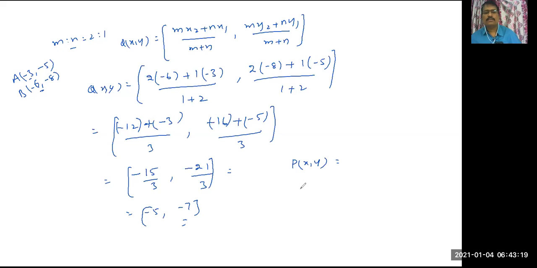How much? Trisectional points. Can anyone tell that? Minus 4, comma, minus 6. Minus 6, sir. Okay. Q(x, y) is equal to minus 5, comma, minus 7.